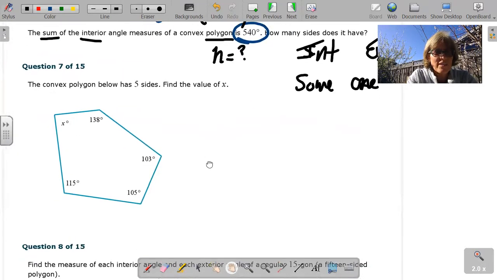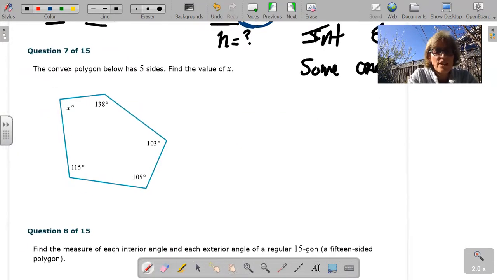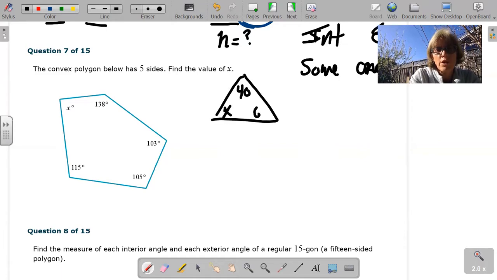Number 7. A convex polygon has 5 sides. Find the value of x. This is really easy if it were a triangle. For example, if that's x, and that's 40, and that's 60, you would simply take it away from 180. Why? Because all triangles add up to 180.